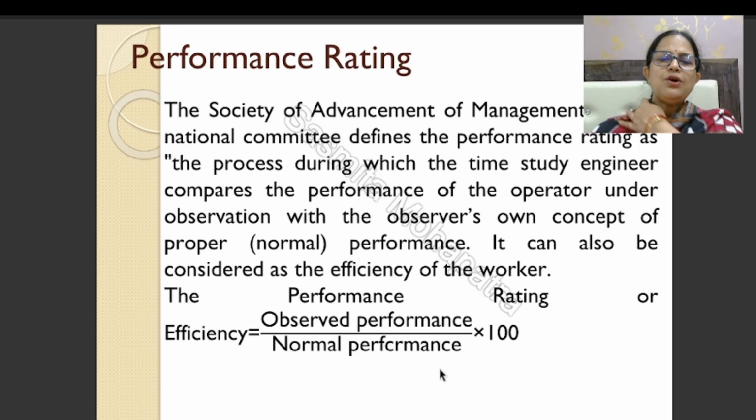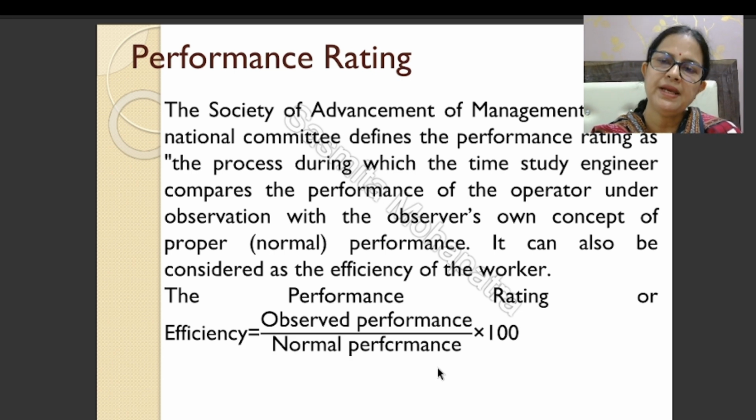So we are only checking the efficiency of the worker. The performance rating is nothing but checking the efficiency of the worker according to the observer. According to the observer, what is the efficiency of the worker who is working?